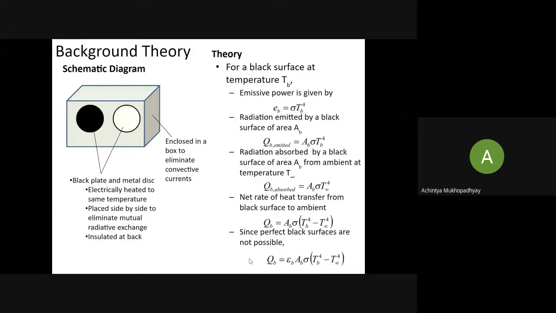So in reality, we still include an emissivity factor for the black surface, which in the ideal case should be 1, but in the real case could be something less than 1, like 0.95 or 0.99. For simplicity we can also take it to be 1, but in general we include it. So the net heat transfer from a black surface to the ambient is epsilon_B A_B sigma times (T_B to the power 4 minus T infinity to the power 4).